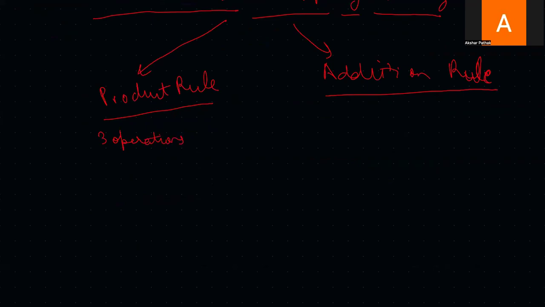The number of ways to perform the first operation is x, the second operation is y, and the third operation is z. So the number of ways to perform these three operations will be x into y into z.